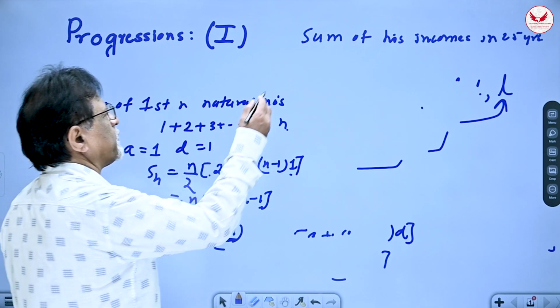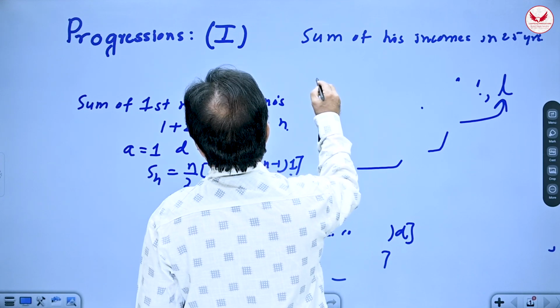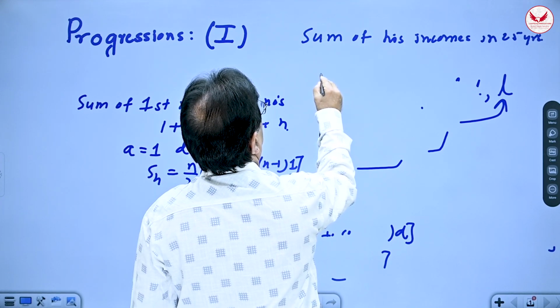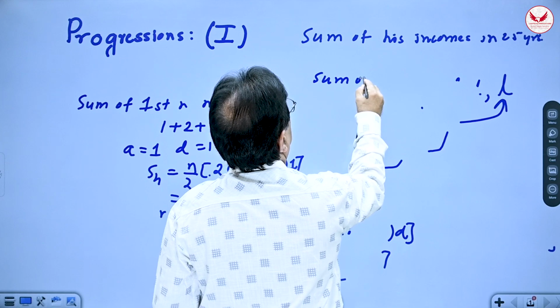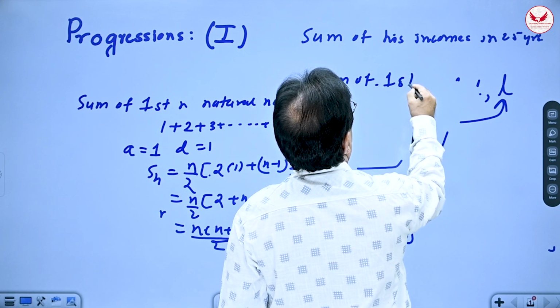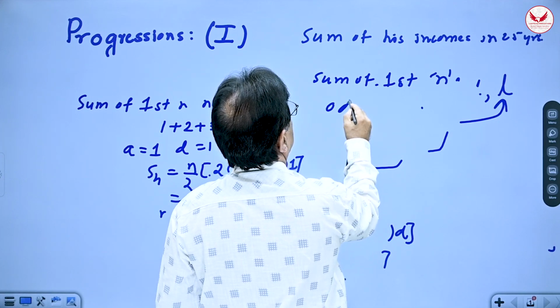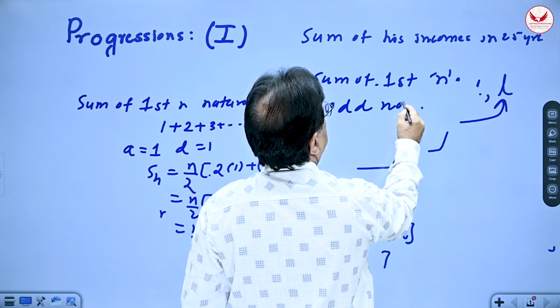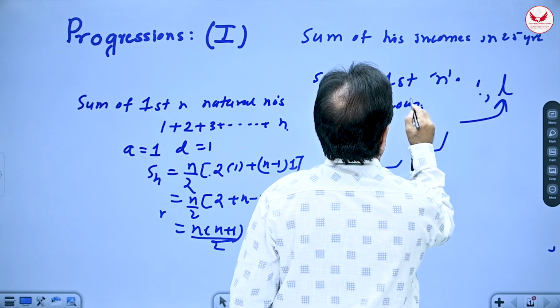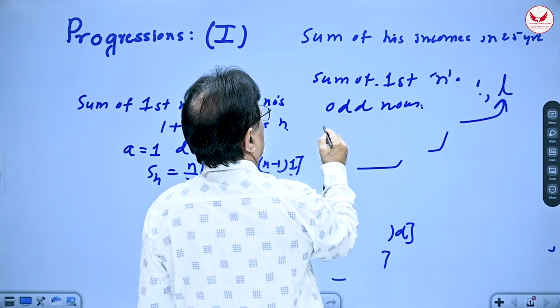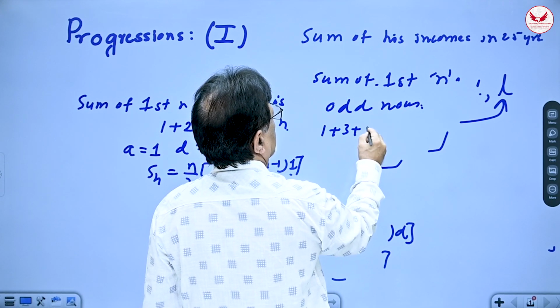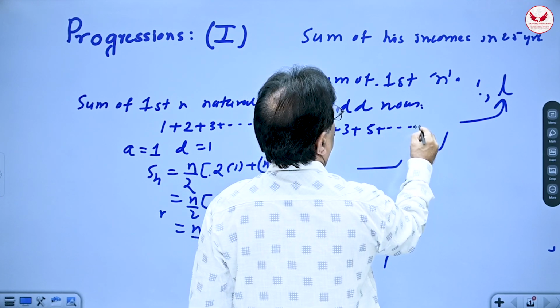Okay? So, suppose I want to find out the sum of the first n odd numbers. That will be 1 plus 3 plus 5 and so on.